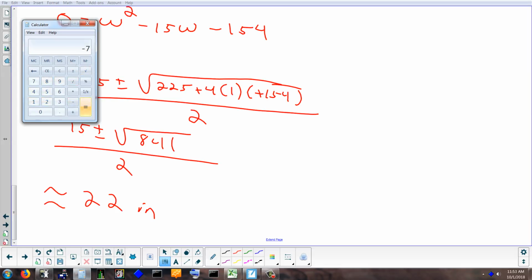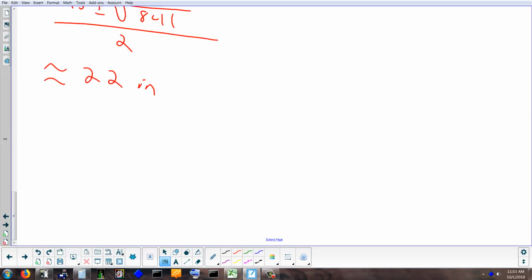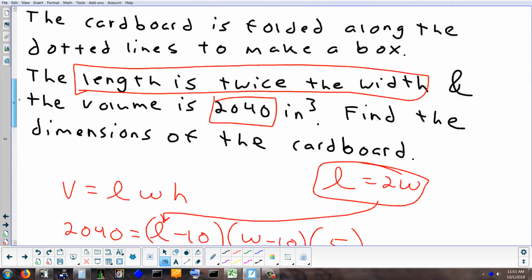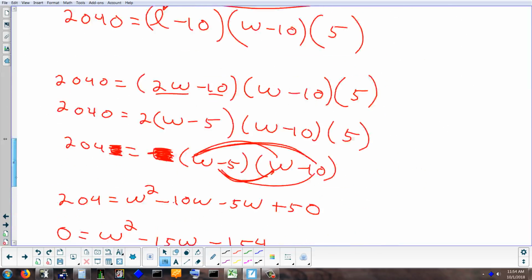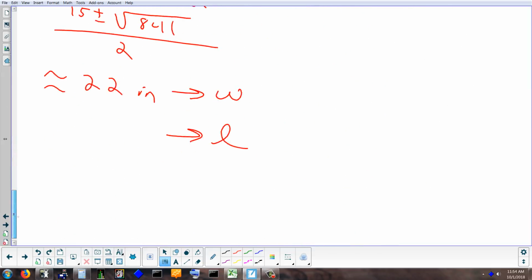You can't have a negative width. Okay, so really the negative answer doesn't make any sense. So that's the width. What about the length? The length equals double the width. So if the width is 22, my length is 44.